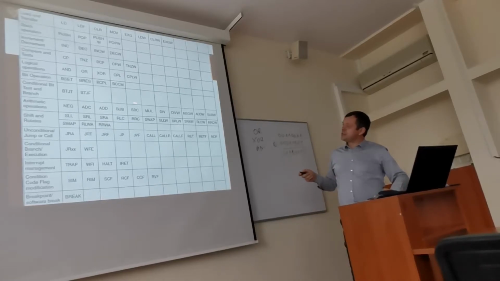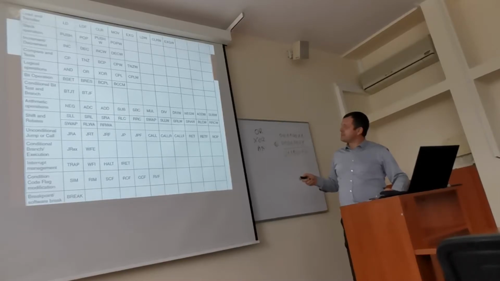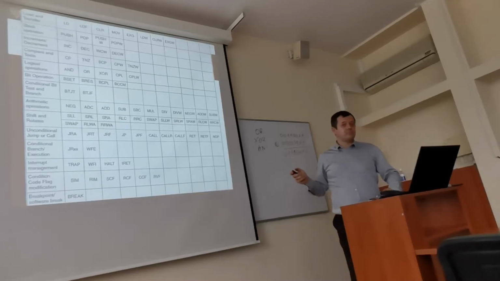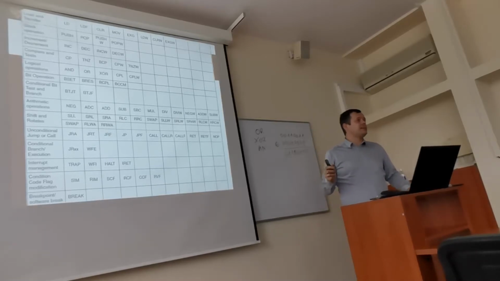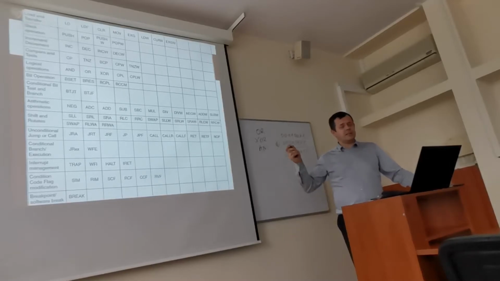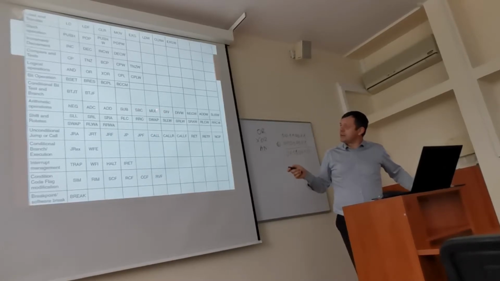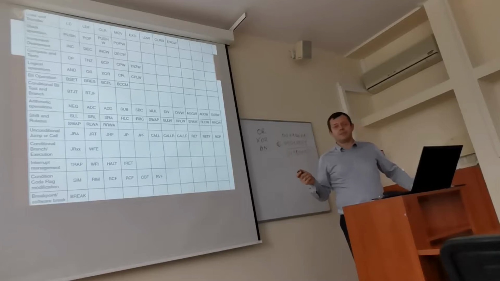Then arithmetic operations. The basic set of arithmetic operations is just about negation, adding with carry, adding, subtracting, subtracting with carry, period. This microprocessor has additionally multiply and divide. I don't know if I've told you, but in case of the 68 family of Motorola, adding and subtracting take 2 cycles, multiplying 10, dividing 40 cycles.